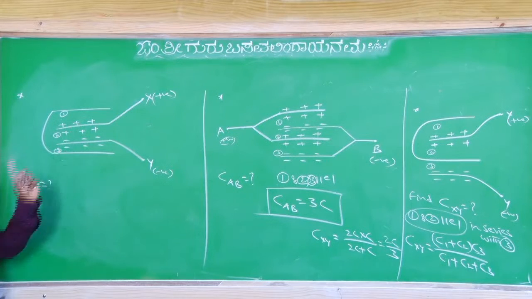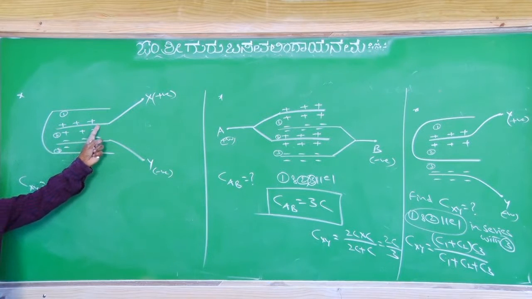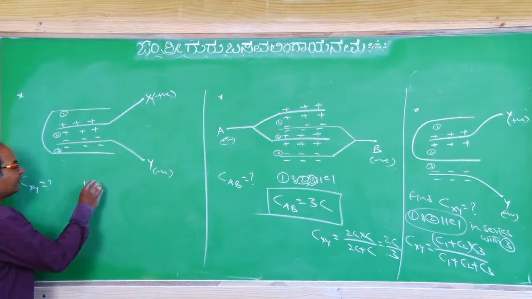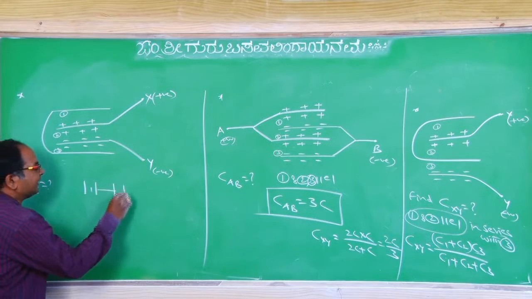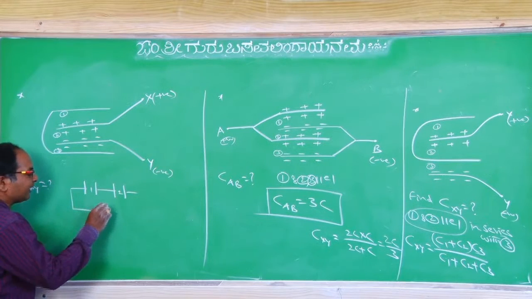But here positive, negative. First to second, what is common? Positive charge plates. Okay? First, second, series. This combination is parallel with third.